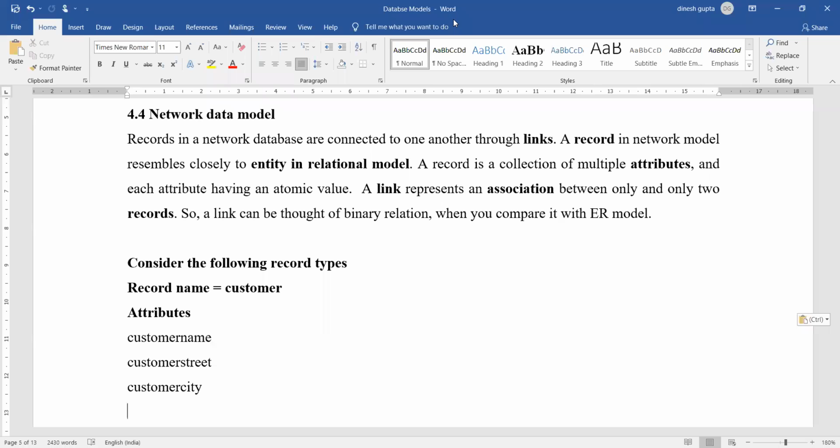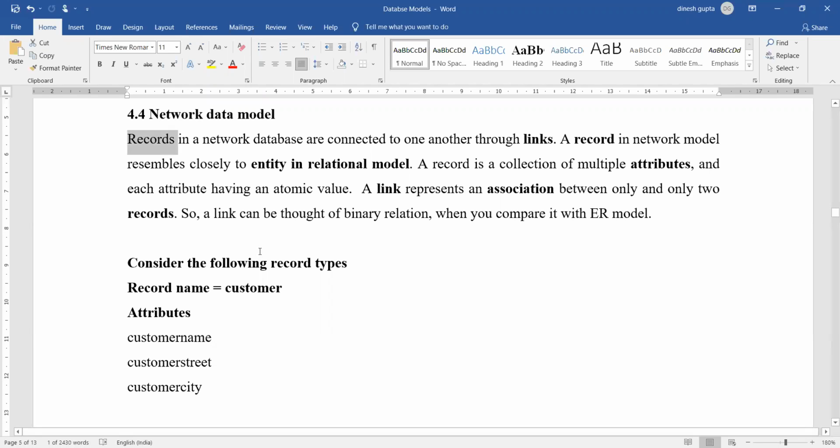So network data model can be studied, you can say, in parallel to entity relationship model because most of the things are similar. So we have an entity in the entity relationship model. The similar concept is called records in the network data model.